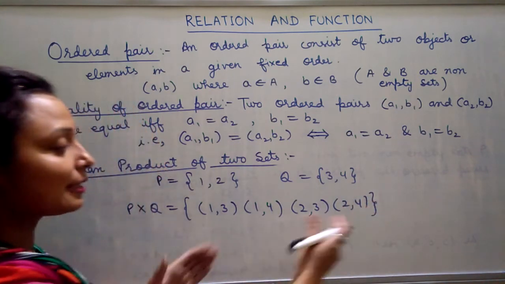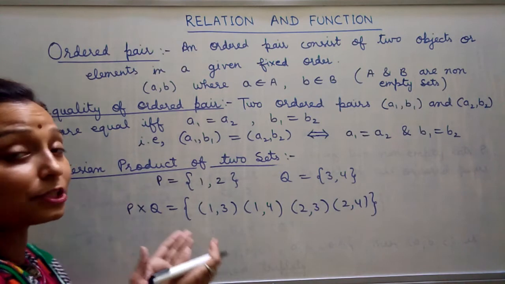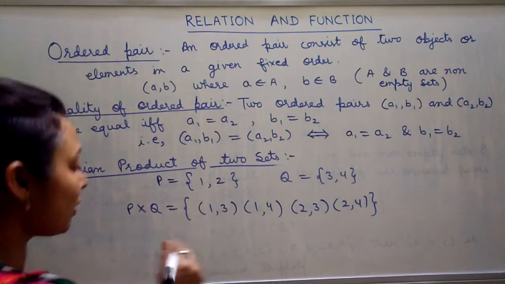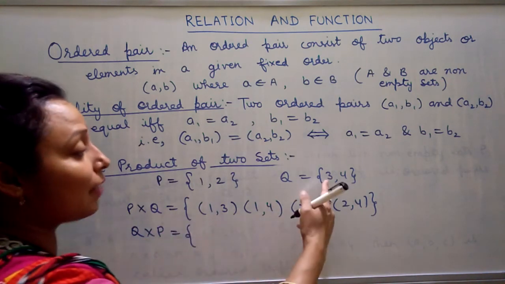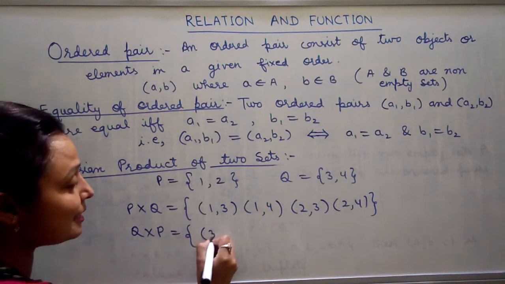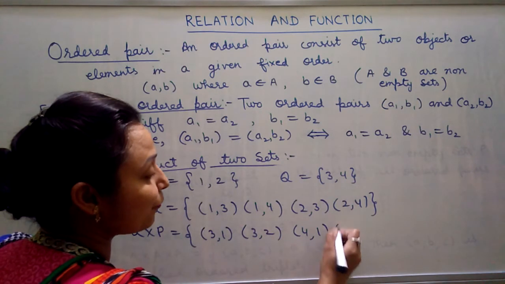That's all. These are the four ordered pairs that make P cross Q. If I talk about Q cross P, this means you have to take the first element from Q. That means (3, 1), (3, 2), (4, 1) and (4, 2), right?